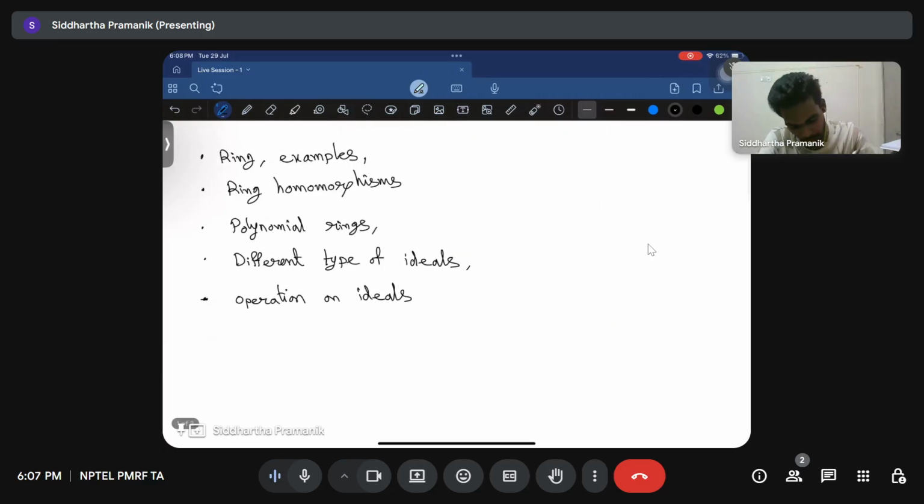After that, we defined a special type of ring known as Noetherian ring. And we have also seen some examples. Then we stated the Hilbert basis theorem.